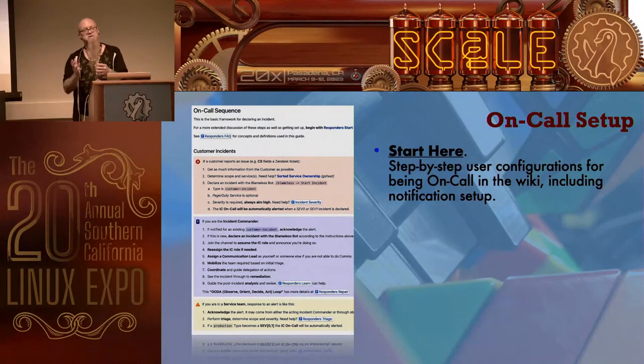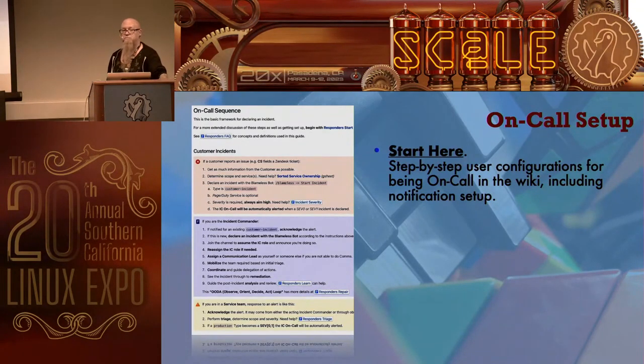Another one of the problems that I didn't really show up here was that we had people that didn't set up their PagerDuty. They just weren't onboarded. I don't know why. Maybe they just missed that part of their onboarding. Maybe their manager neglected to tell. I don't know. It wasn't delineated, though, in our onboarding process that they needed to do this. So we created a section in the wiki that was step by step.